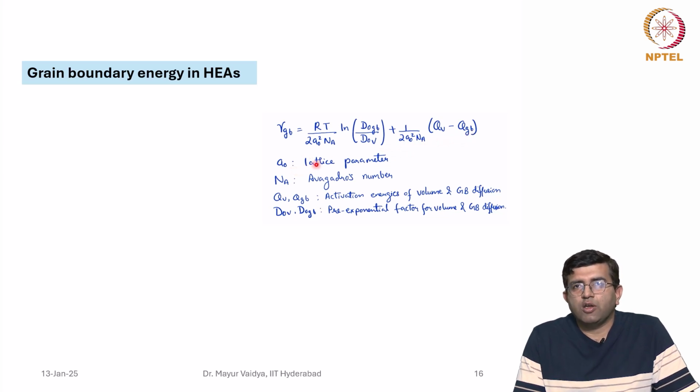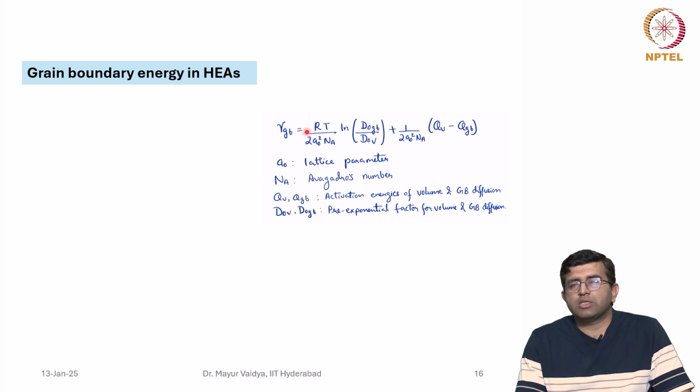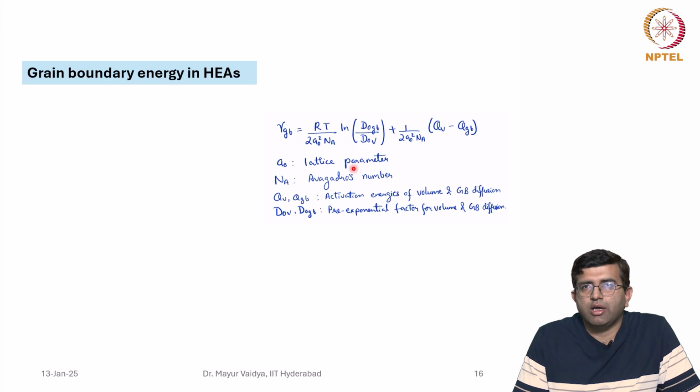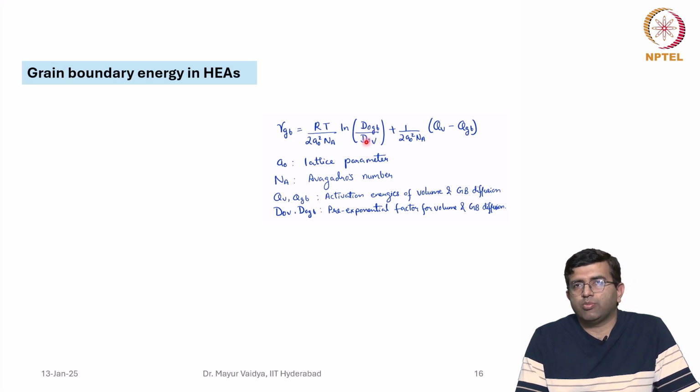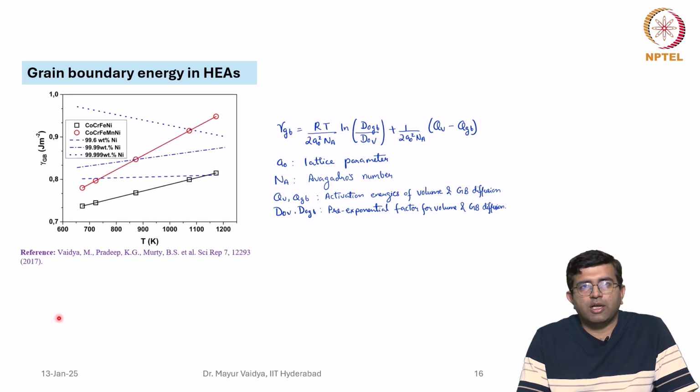Here a naught is the lattice parameter, Na is Avogadro's number, QV and QGB are the activation energies of volume and grain boundary diffusion, and D naught V and D naught GB are the pre-exponential factors for volume and grain boundary diffusion. So, this formalism basically relates the grain boundary energy to the activation parameters of the grain boundary and the bulk diffusion. So, this has also been attempted.